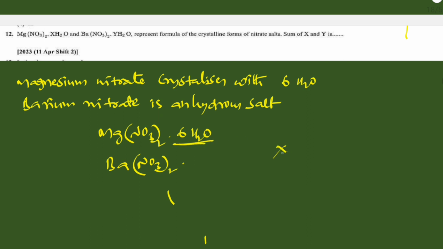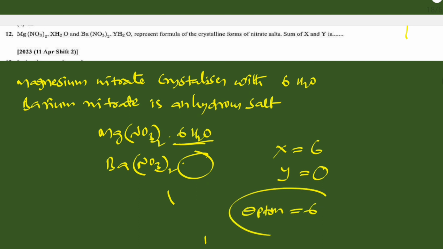So now X equals 6, Y equals 0, because anhydrous means there is no water molecule. Now our answer is 6.